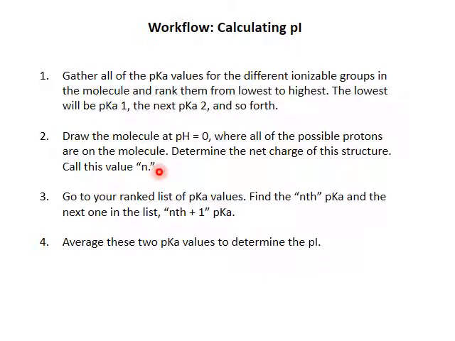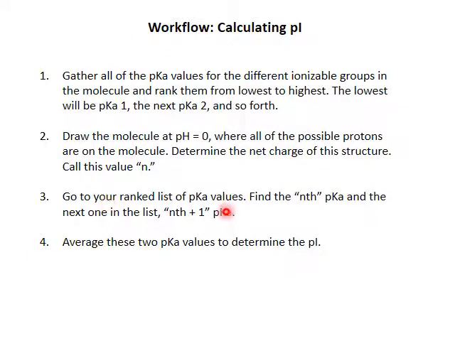Now the charge N on the molecule may not be the same as the number of pKa values. For example, you had 4 pKa values in the previous example of the peptide, but the charge was 2. But the thing is, determine the charge at pH 0, that's N.